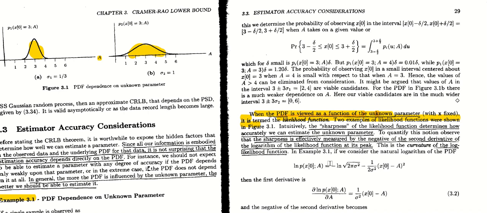As the textbook says, the sharpness of the likelihood function determines how accurately we can estimate the unknown parameter. For example, this one is sharper than this one. If you are to make a mistake, you probably make it within a small area, but you can make a mistake over a larger area here. So the sharpness determines the accuracy of the estimation.